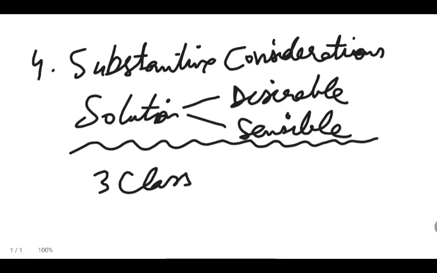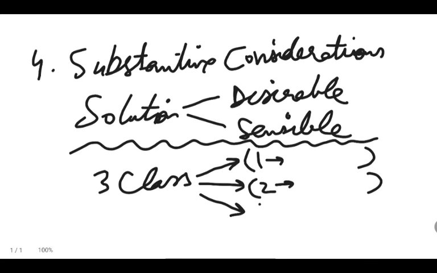If we deem that the 3-class model is better than the 2-class model, then we should be able to justify what names we will give to these 3 classes which have been formed out of that data. How will they signify a particular group of respondents in class 1? Class 1 will denote which kind of respondents, class 2 will denote which kind of respondents, what attributes can we relate with these classes. So this is what we mean by finding a desirable, sensible class solution for our mixture modeling analysis.